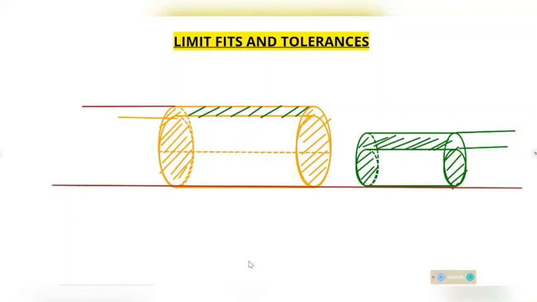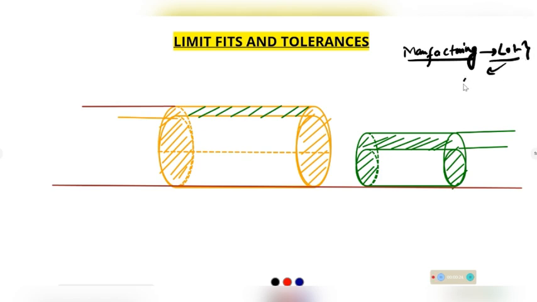So let's start with limit fits and tolerances and why we study them. First of all, we need to know limit fits and tolerances. We study them because in manufacturing, most products are produced in huge lots, and in a huge lot, suppose a random product has to be picked.